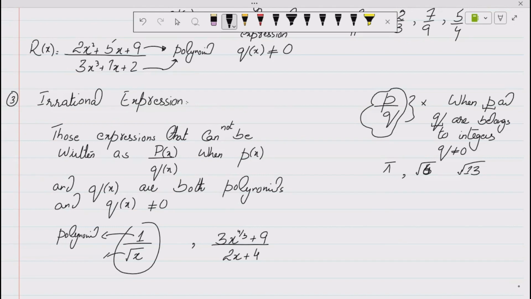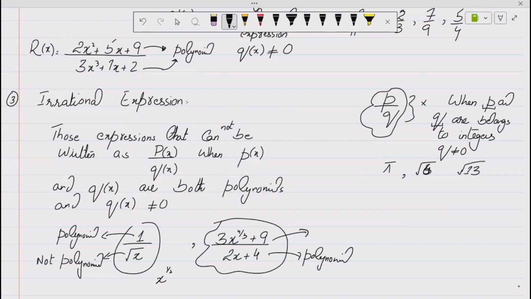But root x means x raised to the power half, and this is not a polynomial, because a polynomial has integer powers. Root x has power half, which is a fraction, so it is an irrational expression. The other one is a polynomial, but the above is not, because the degree is a fraction, so that is also an irrational expression.